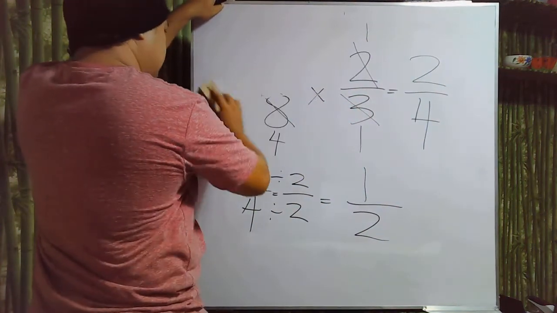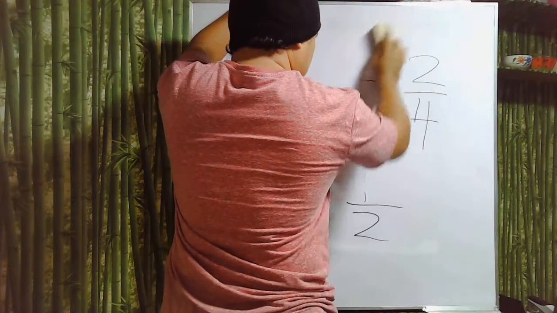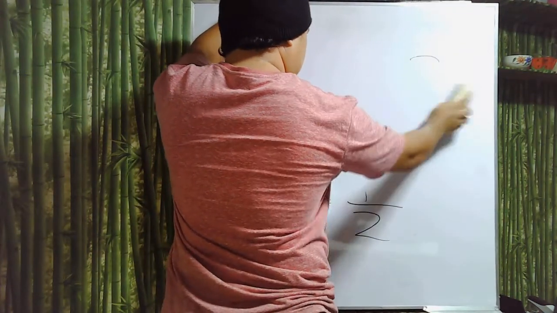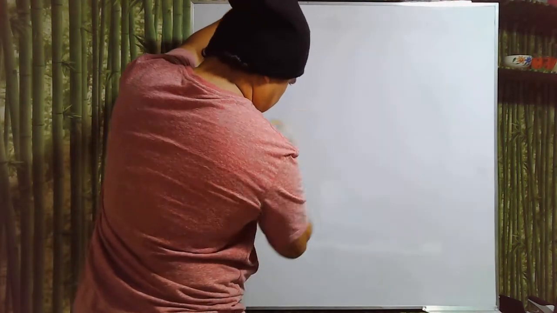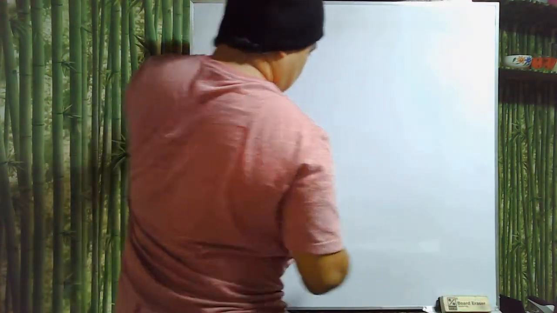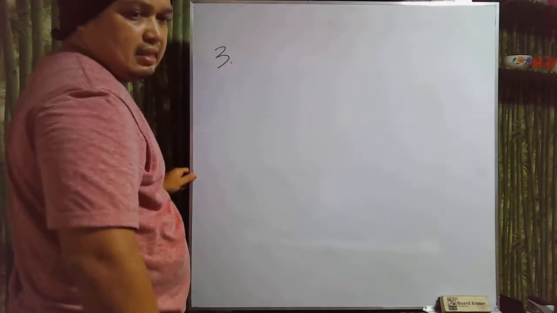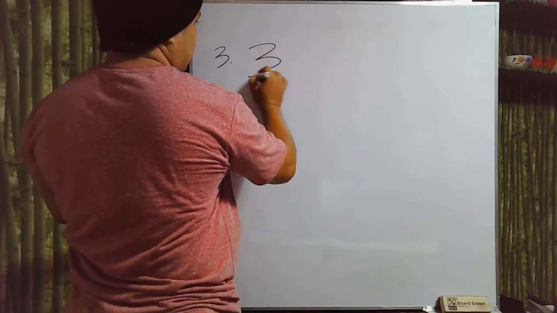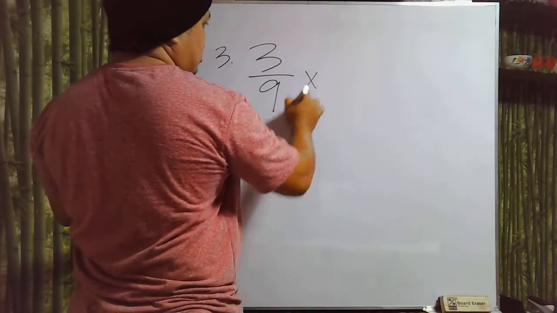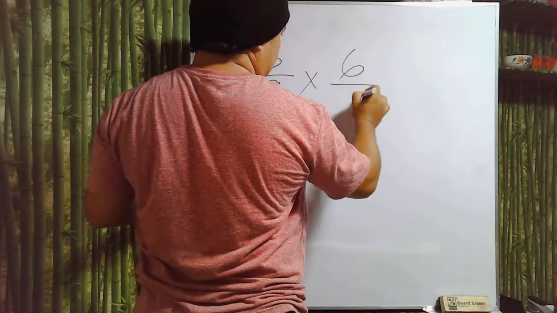Multiplication of fraction using cancellation method. Okay, number 3. That's 3/9 times 6/9.